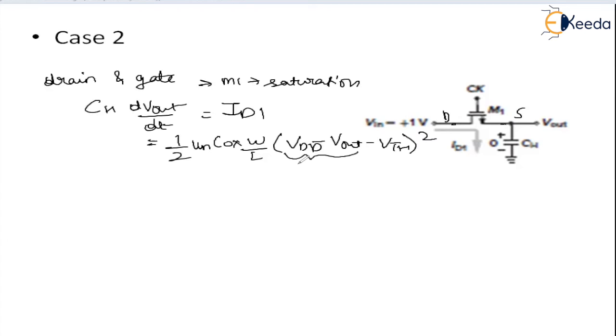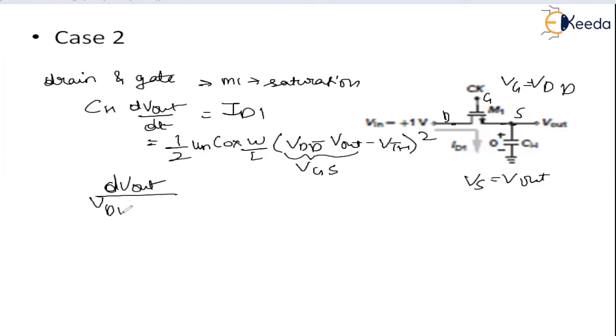This is the voltage VGS: VG is equal to VDD, and Vout is the source voltage, so VGS is VDD minus Vout. In this, channel length modulation is neglected. It follows that dVout by VDD minus Vout minus VTH whole square equals half mu n Cox W by L dt upon CH.